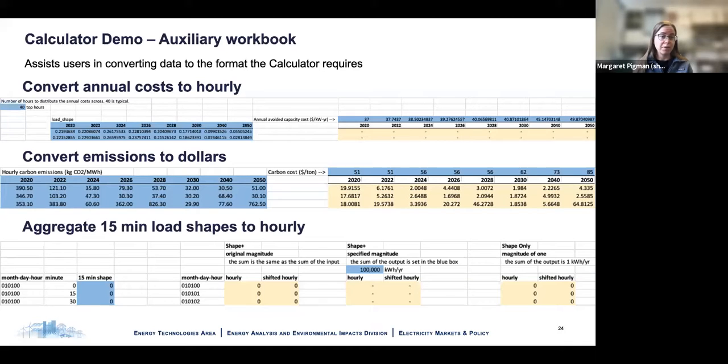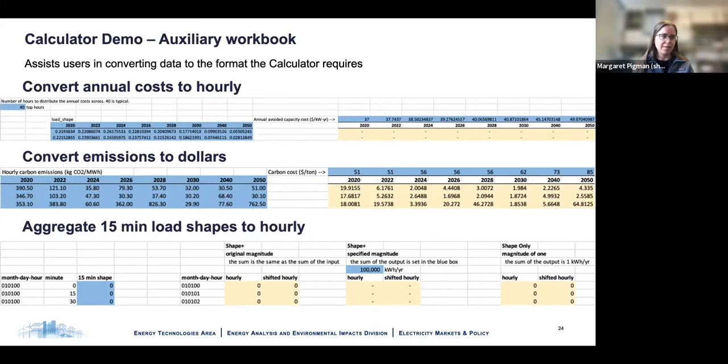For example, if you have an annual avoided capacity cost and you need to convert it into an hourly one, this spreadsheet provides 2 methods for doing that. If you have emissions in, for example, kilograms per megawatt hour, and you need to convert it into dollars, this spreadsheet also helps with that.